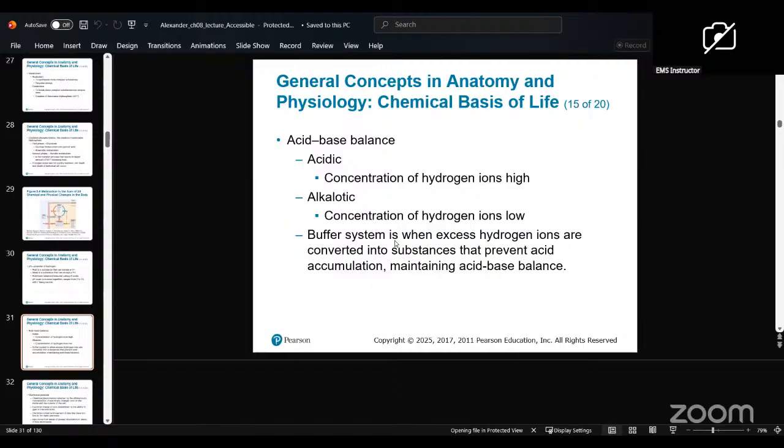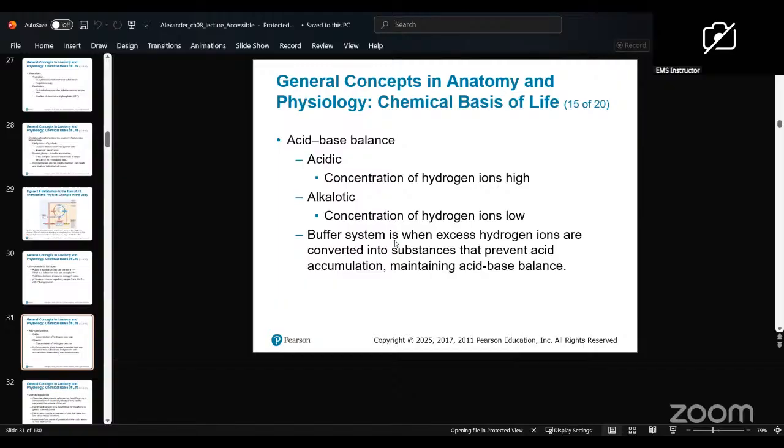The acid-base balance, we'll hit briefly. It's really not testable as far as registry goes. So when we talk about the acidic and the alkalotic parts of the body, acidic is when the concentration of hydrogen ions is high, and alkalotic, the hydrogen ions are low.